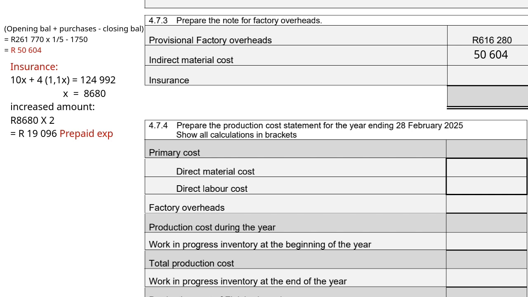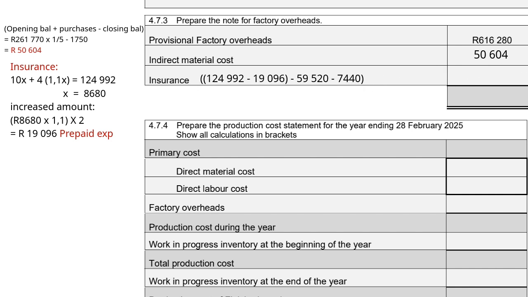Okay, the increased amount will then be 8,680 times 1.1 because it went up by 10%, and we paid that amount prepaid for 2 months, for March and April. So 19,096 Rand is then a prepaid expense for insurance that needs to be subtracted.